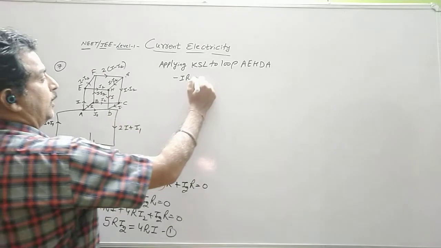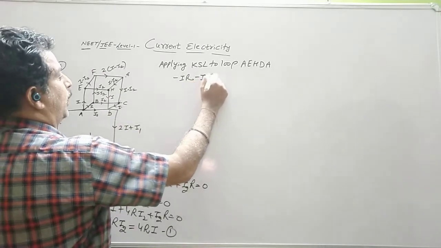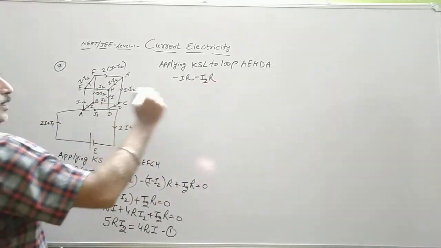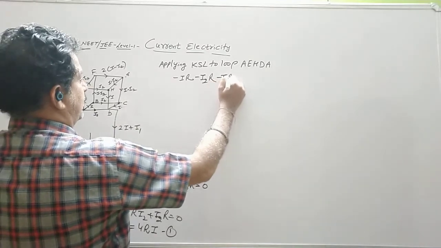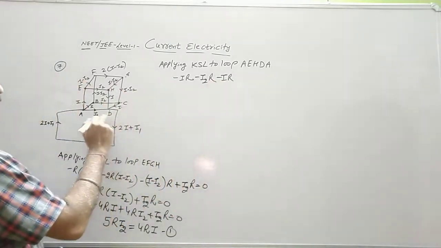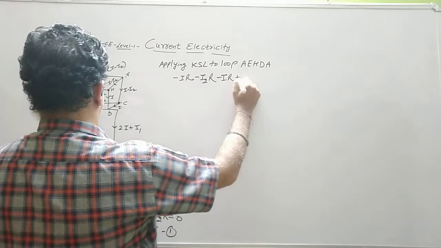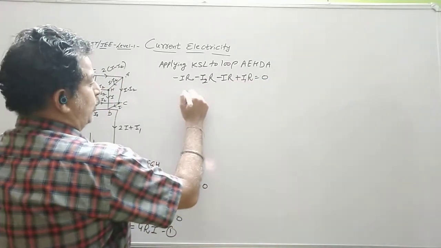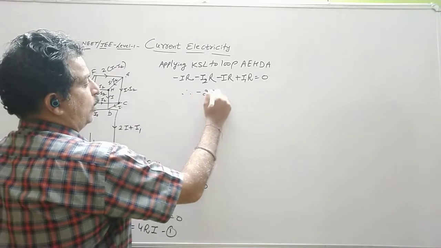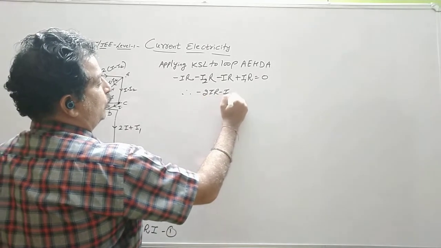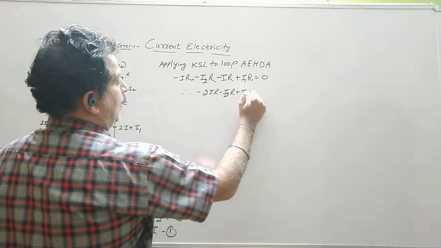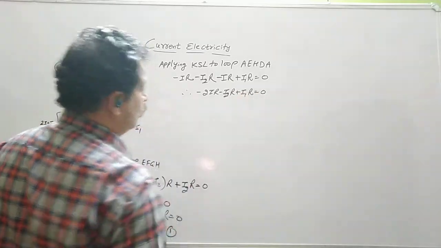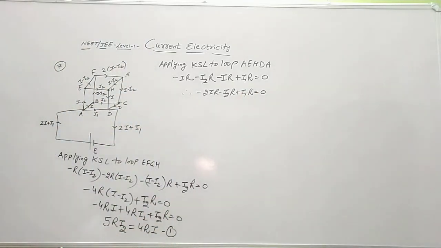E to H again in the direction of current, I to R. H to D again in the direction of current, minus IR. Then D to A against the current, I1R is equal to 0. So we have therefore minus 2IR minus I2R plus I1R is equal to 0.